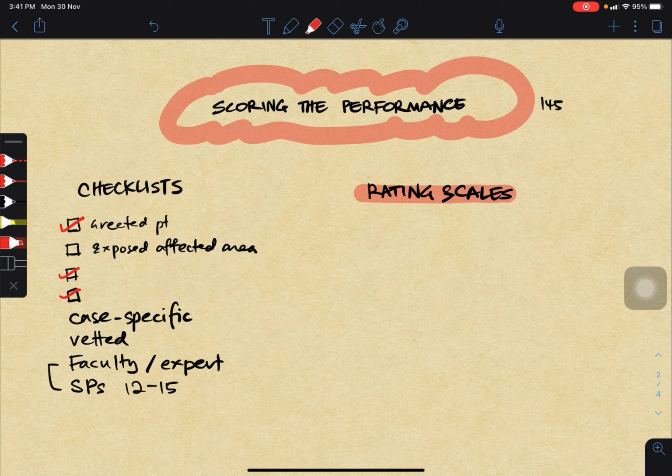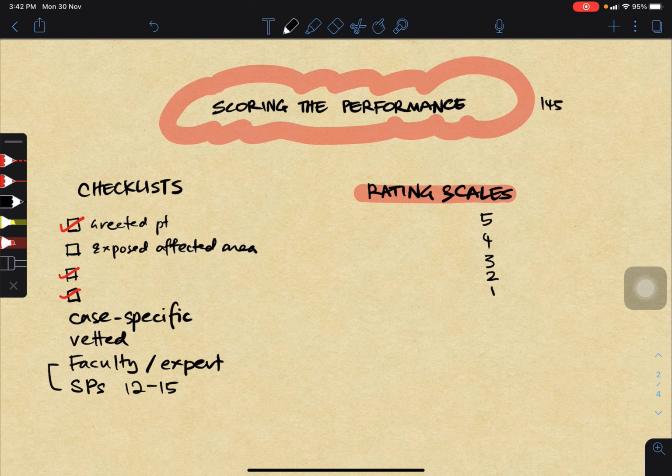Okay, what are rating scales? I think we have discussed this before. Rating scales are where the instrument has a scale, maybe from 5, 4, 3, 2, 1. You can have a look at the box 9.2, right?